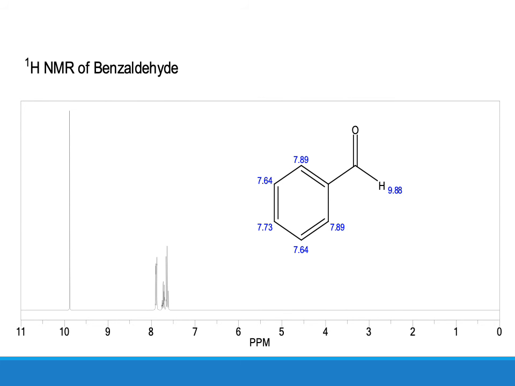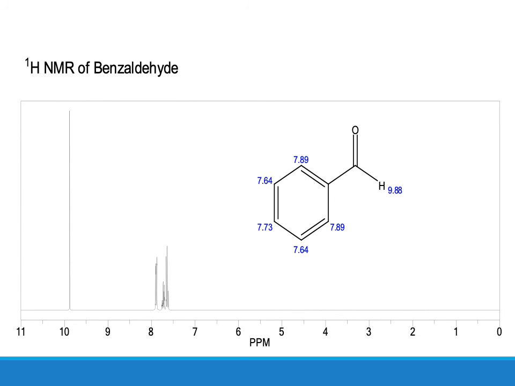So for the NMR of benzaldehyde, you see that we have three peaks. One peak is for this H, which is connected to the C=O double bond.